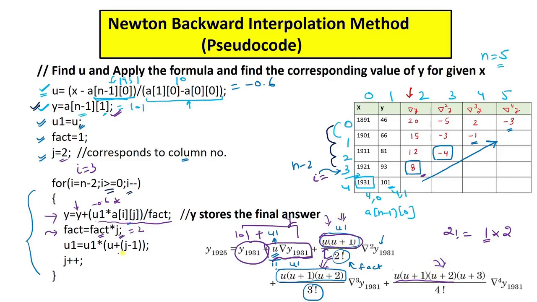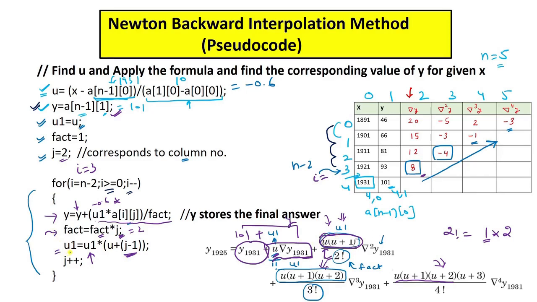So this u will actually be the previous u1, and then I'm saying u plus 1. I have to apply my own logic to compute this u plus 1. Now I need 1, and j was 2, so I am saying j minus 1. For your coding, you can apply some different logic also. So this will be u1 multiplied by u plus 1. So I have computed u1.